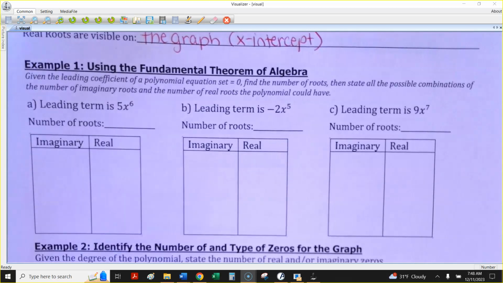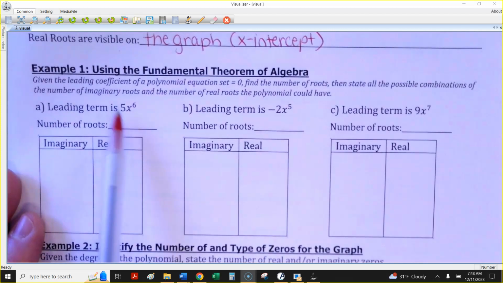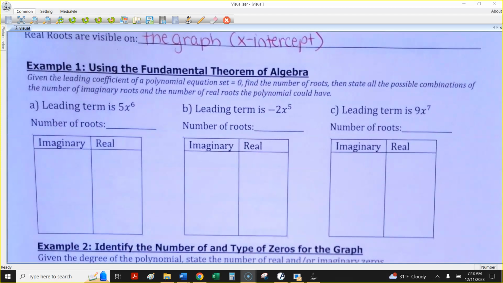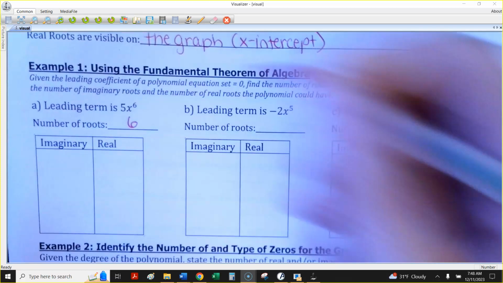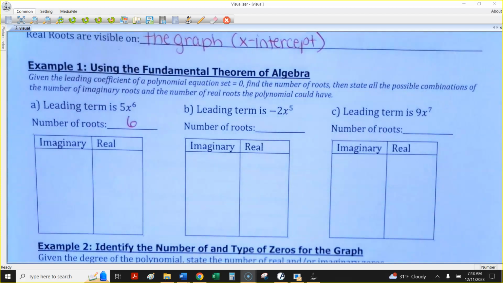Okay, so this says the leading term of this polynomial is 5x to the 6. So how many answers, roots, zeros, whatever you want to call them, how many would it have? If my leading term is 5x to the 6, 6. Okay, now here's the deal. I'm going to make a table because there's going to be different options for how this can come. I always go with the imaginary first because I know they have to come in pairs.